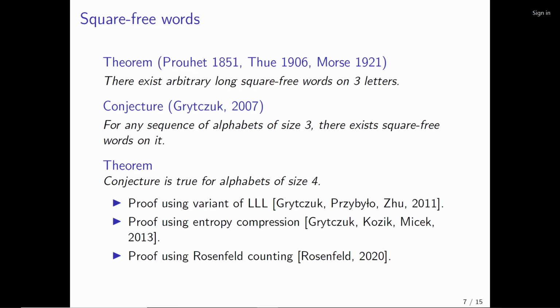What is new with this proof is that not only does it give you existence of square-free words, it also gives you the number of square-free words that you have, for example, on lists of size 4. So let me give you a tour of all of these proofs first. We're talking about existence proofs here, no local model, no algorithms yet.